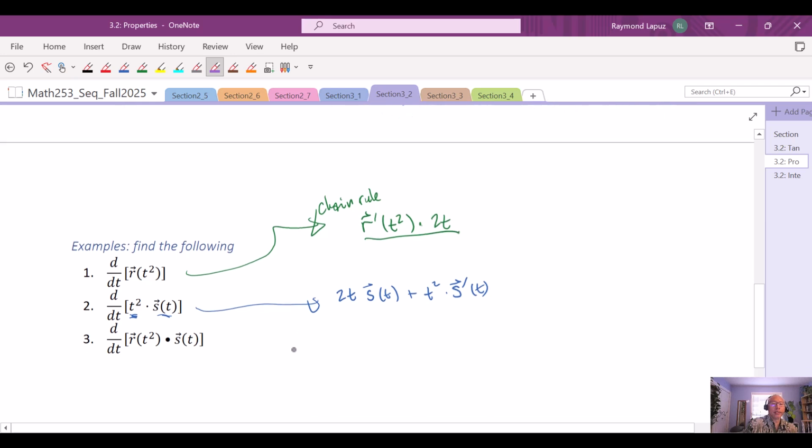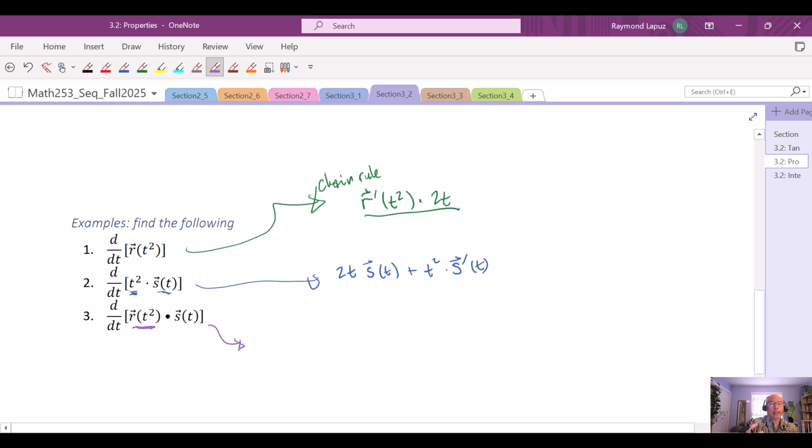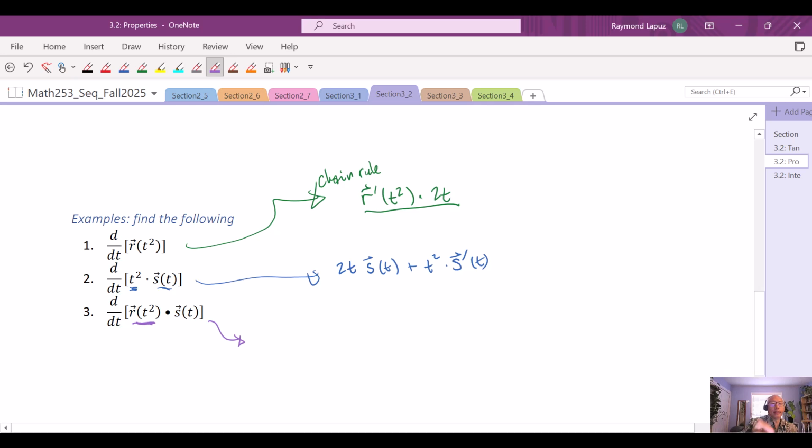And then our third one is going to be a dot product rule. But the first function in this dot product is slightly more complicated. It's going to use this chain rule part. So when we do the dot product rule, we want the derivative of that, and the derivative of that is r prime of t squared, but this is a function more complicated than a t, so we multiply it by 2t, the derivative of the inside.